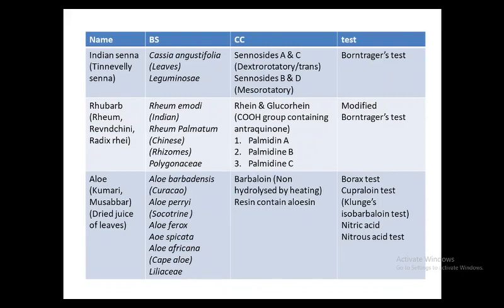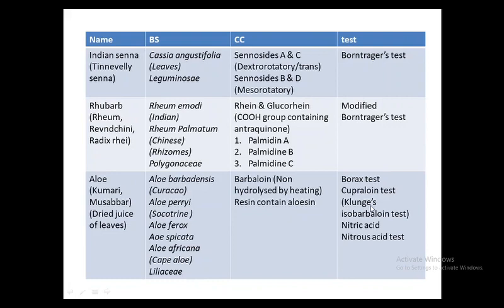The major chemical constituent is barbaloin, which is a glycoside, and this barbaloin is non-hydrolyzed by heat, the most important point here. Next, it also contains resin, also known as aloesin. What are the identification tests of aloe? The first is the borax test, second is the Bromine test, third is the Cuprammonium test, also known as Klunge test.